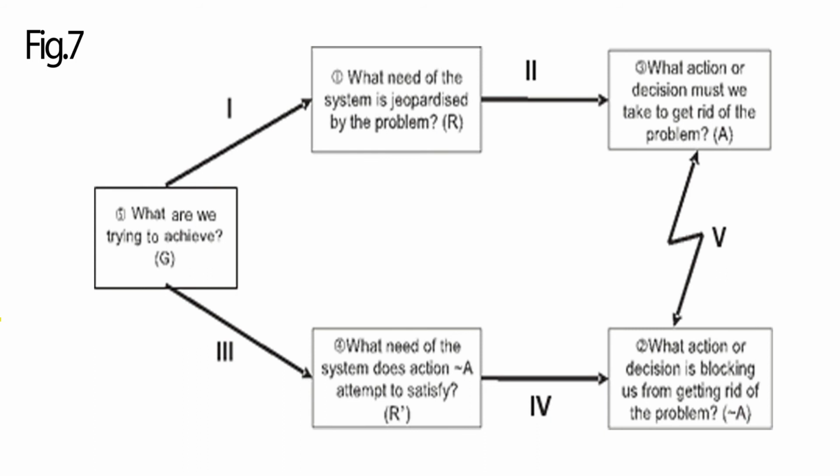We then move to step number 7, and step number 7 is where we test the logical flow by reading the boxes from left to right and from right to left, as explained earlier. And when we do that, we check that the actions or decisions are in conflict, ladies and gentlemen. Irrespective of whether you agree with the view or not, the reading should be both grammatically sound and reasonable.